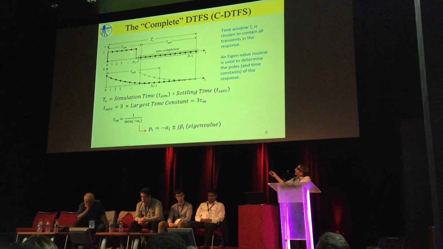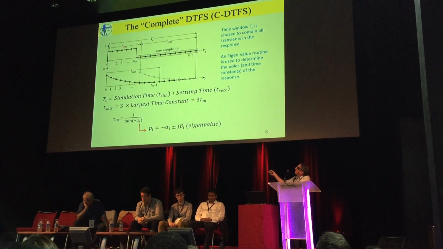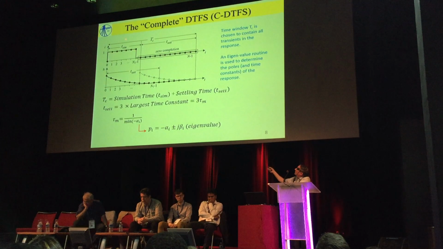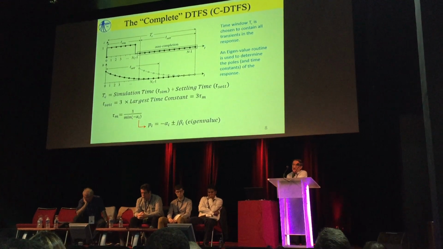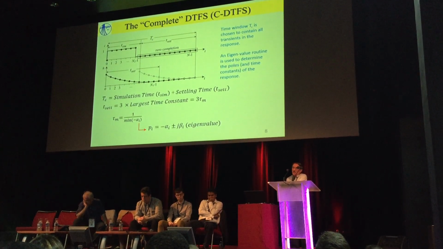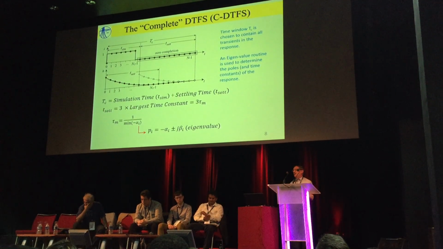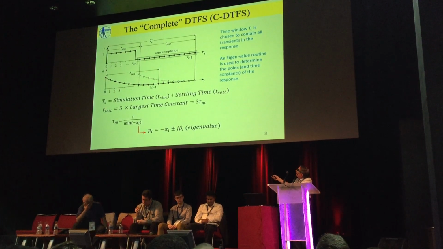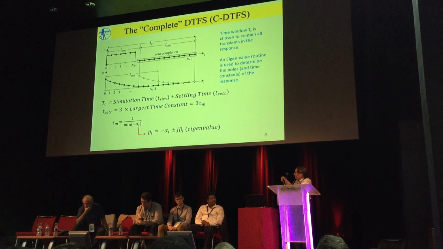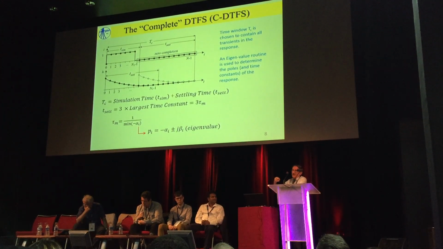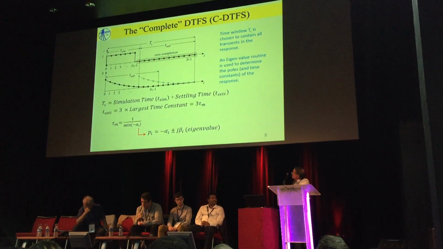If we allow for the response to that last sample to be contained in our time window, then we have all the information of that transient. That's the basis of this method. We will contain all the response of the system from 0 to Tmax in our time window. In that case, we can map exactly this number of samples in time to corresponding frequencies, solve the system in frequency and come back to time with that exact mapping that the discrete Fourier transform provides us with.